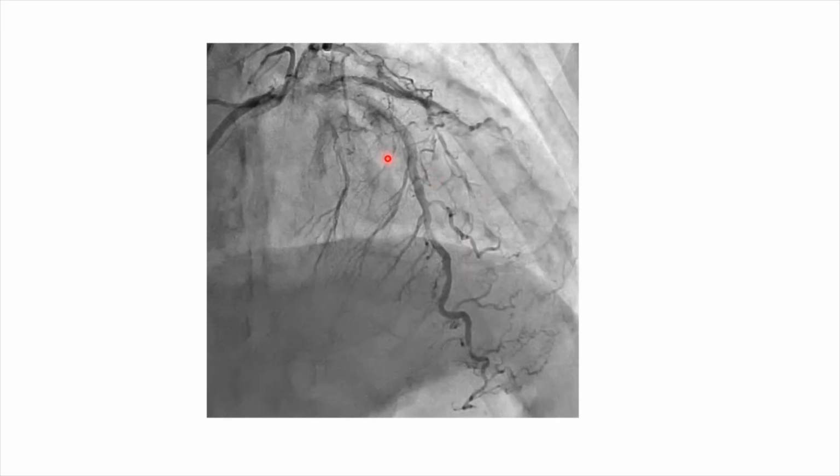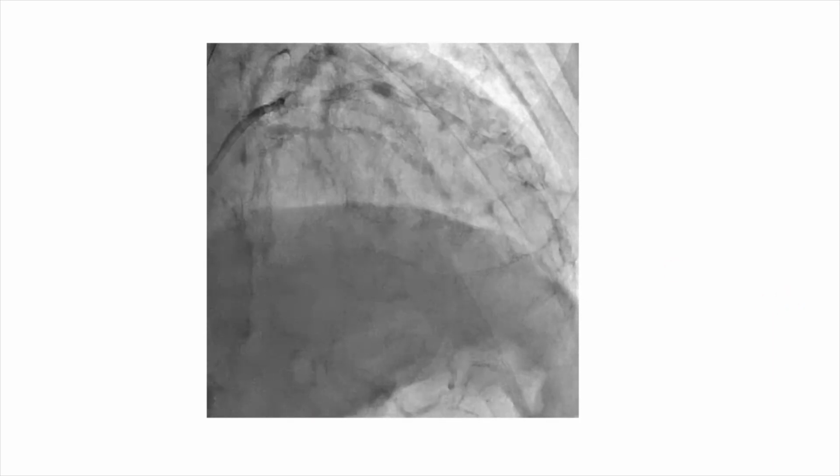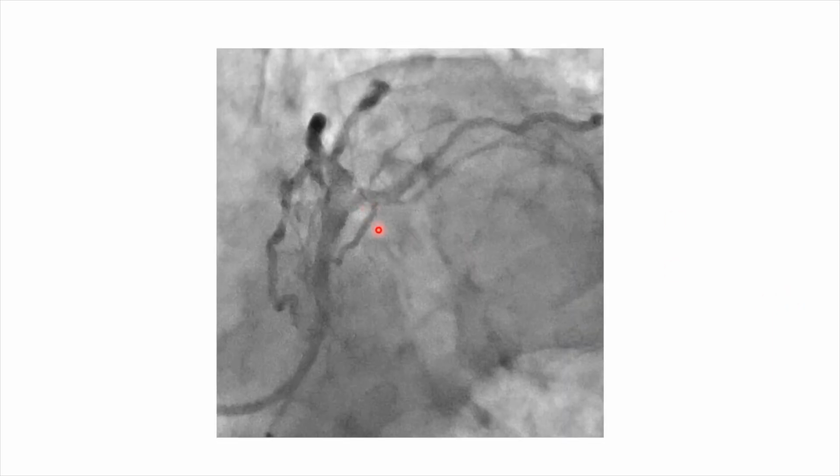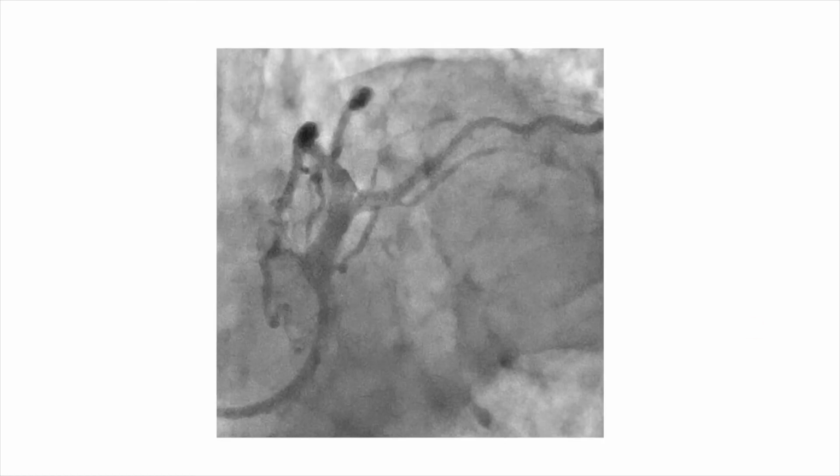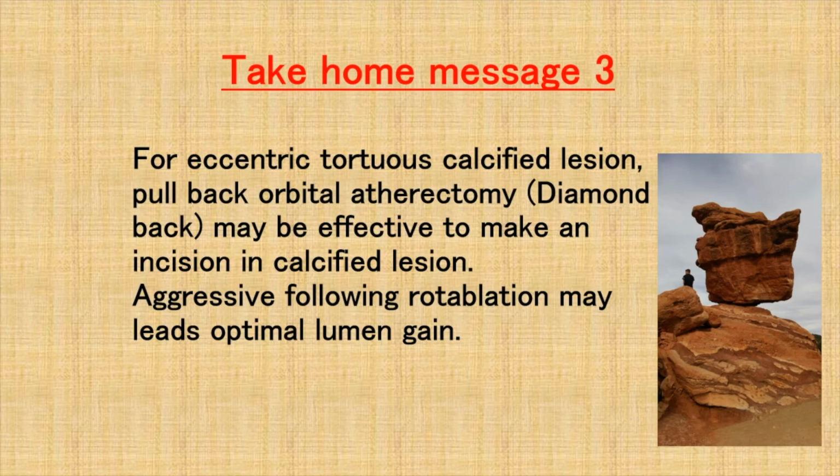Final angiogram shows a good result. The circumflex orifice looks okay. For an eccentric tortuous calcified lesion, pullback orbital atherectomy, Diamondback, may be effective to make an incision in the calcified lesion. Aggressive following rotablation may lead to optimal lumen gain.